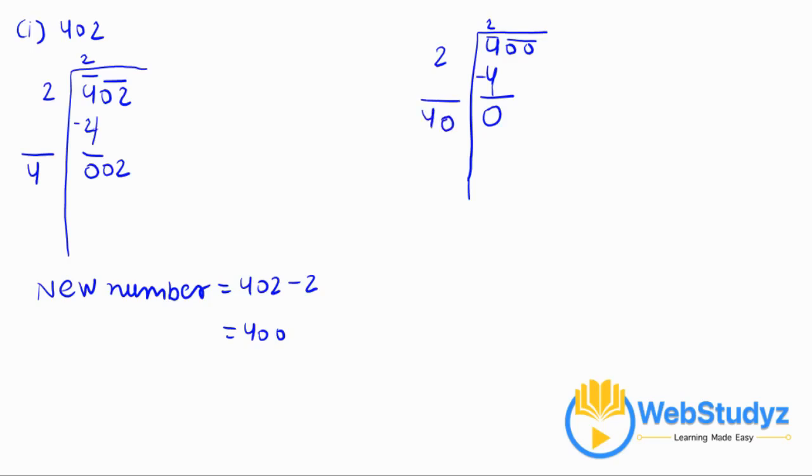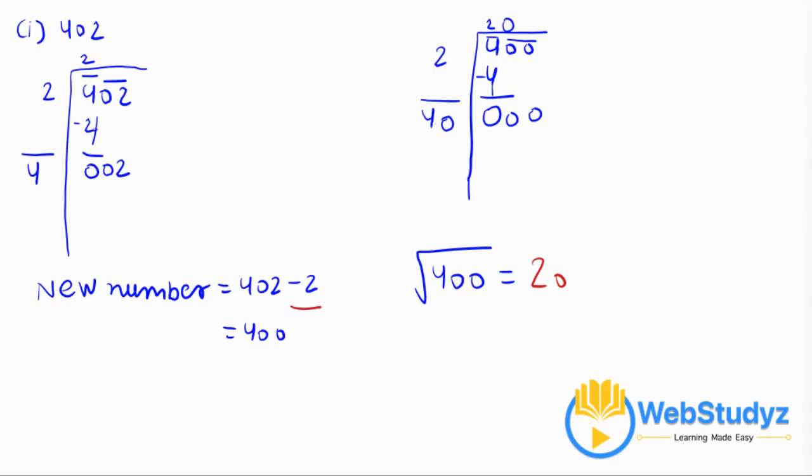Now taking 0 and 0, and here also 0. So we get finally that the square root of 400 gives us the perfect square as 20. So we have subtracted 2 and we get the square root of 400 as 20.